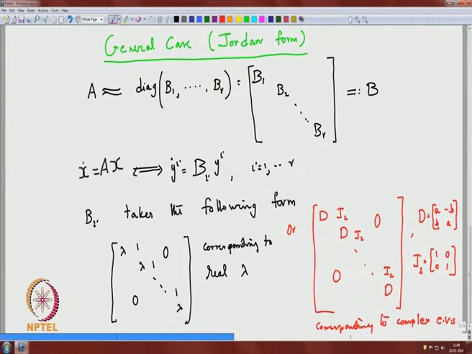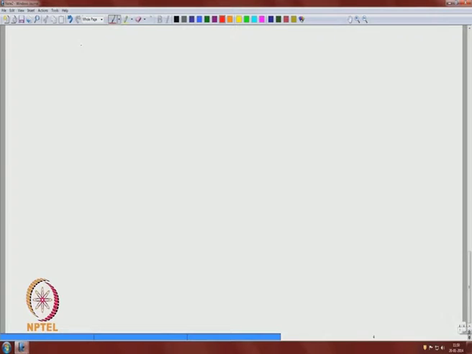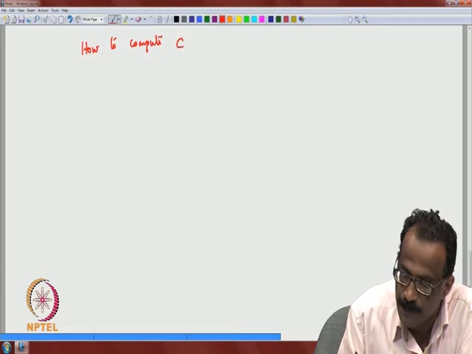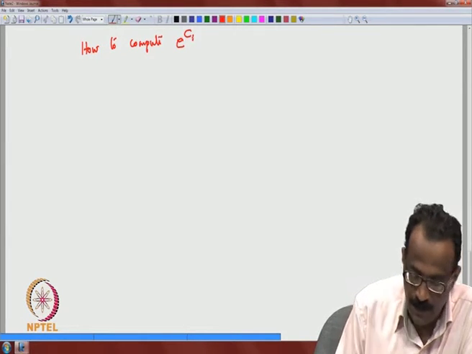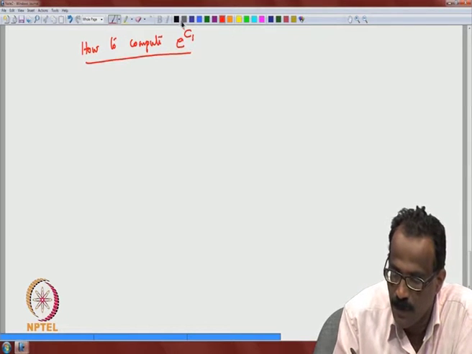So I call the first form C1 and, for the computation, the second form C2. I want to know how to compute e to the power C1. Now consider this case.